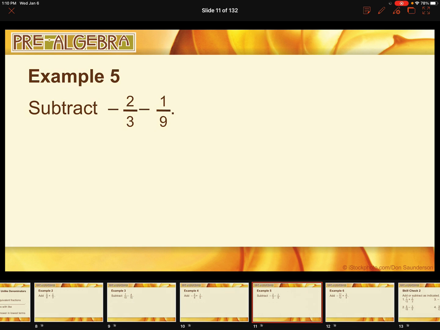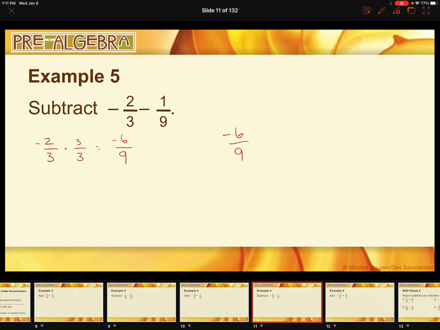Another one with a negative, and it's subtraction. So watch out for your adding the opposite. The common denominator, the least common multiple between 3 and 9, is going to be 9. So I only have to change the negative 2/3. And now I can rewrite it.